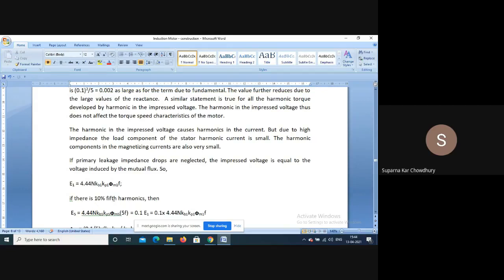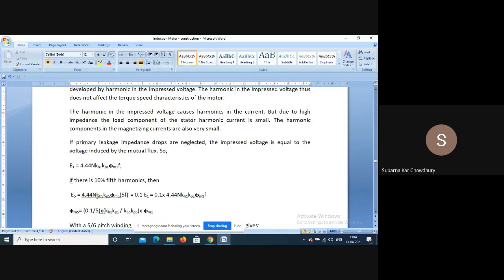Now say we have 10% of the fifth harmonic, then the E5 value will be 4.44 N, then the corresponding KB5, KP5, the flux will be phi M5, and the frequency will be 5F. This is 0.1 E1.